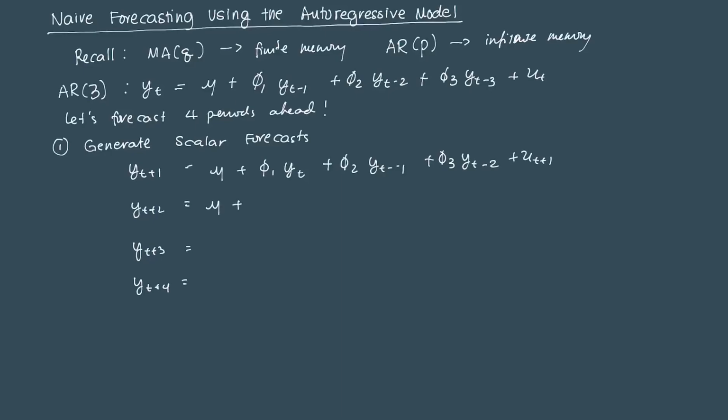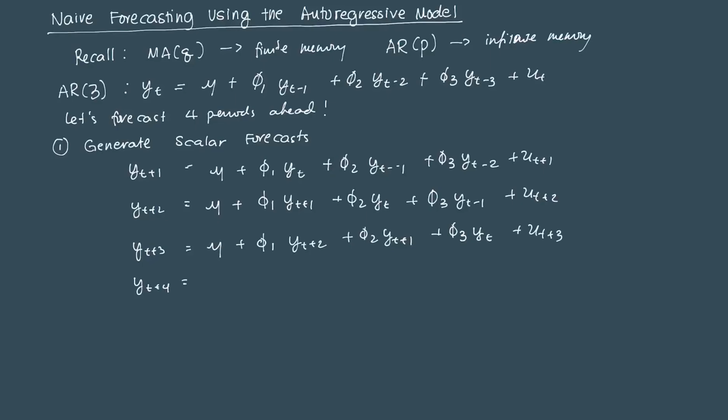Then we have mu plus phi1 Y_{t+1} plus phi2 Y_t plus phi3 Y_{t-1} plus U_{t+2}. Then mu plus phi1 Y_{t+2}, phi2 Y_{t+1}, phi3 Y_t plus U_{t+3}. Then mu plus phi1 Y_{t+3} plus phi2 Y_{t+2} plus phi3 Y_{t+1} plus U_{t+4}. So these are our scalar forecasts.